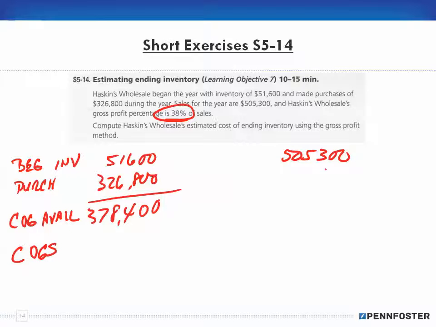So 505,300 times 38%. Let me pound on the calculator here. That ends up being $192,014.